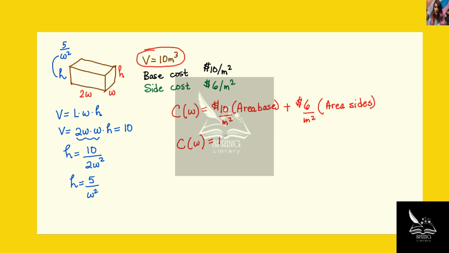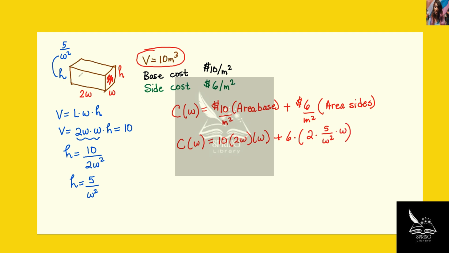Okay, so we have 10 times the area of the base. The area of the base is just the length times the width, so 2w times w. Then we have $6 per meter squared times the sides. Well, we have two sides that are like this, so we're going to have twice the height times the width, where the height is 5 over w squared, times the width.